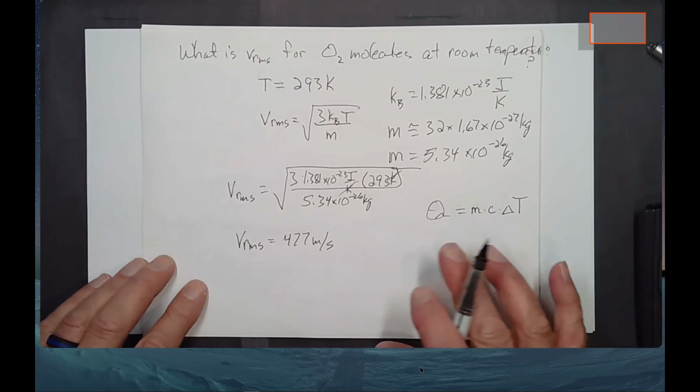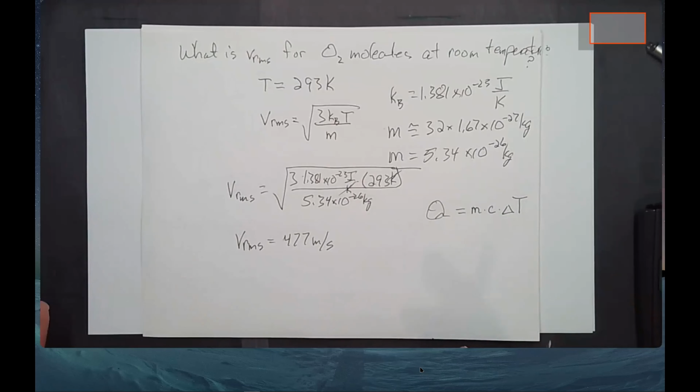There'll be one type of specific heat where the volume is kept constant. If the volume is kept constant, any heat that you put in just goes into raising its temperature.